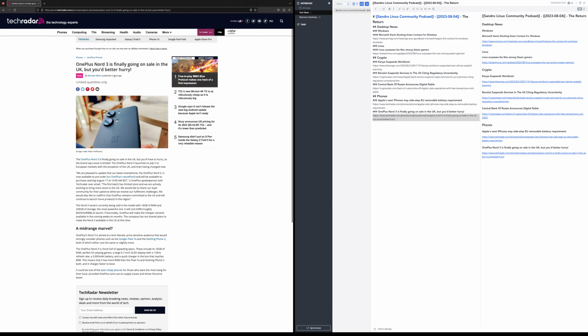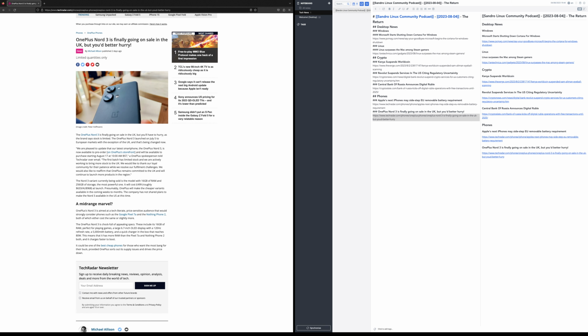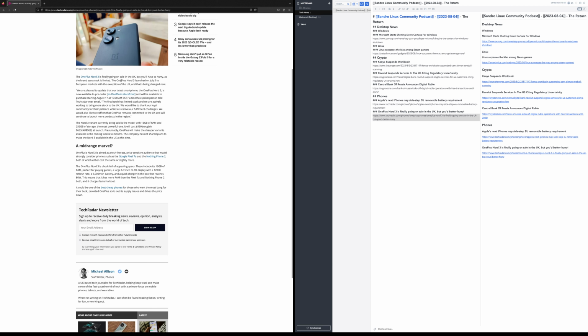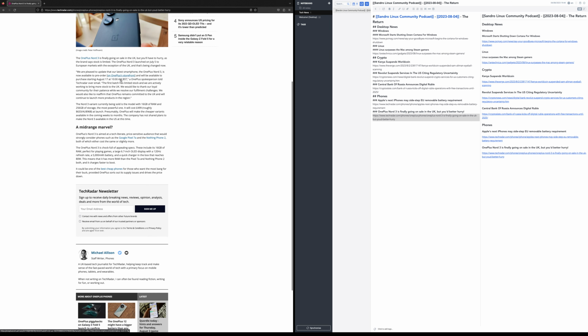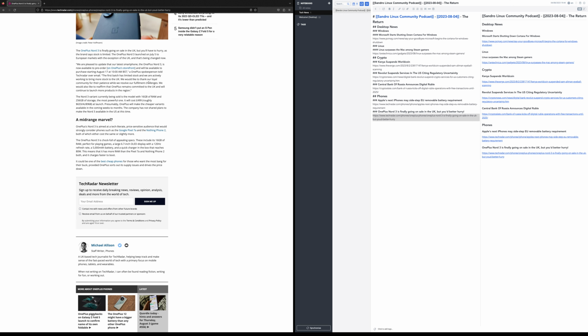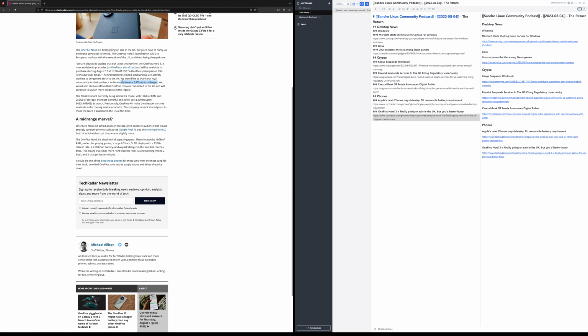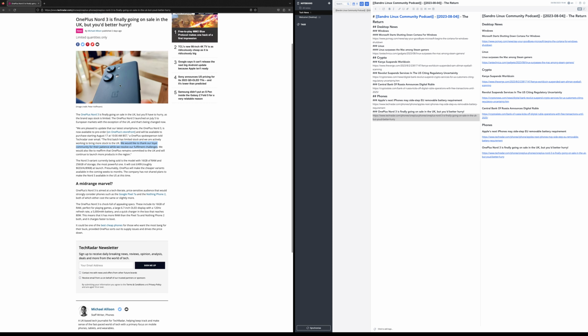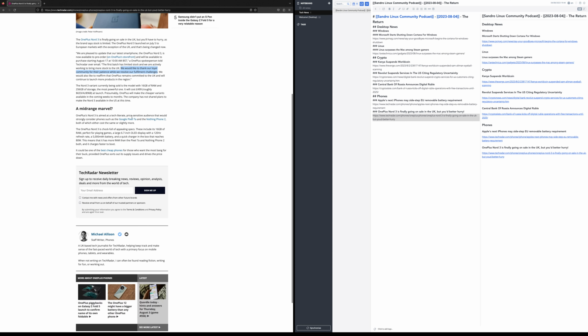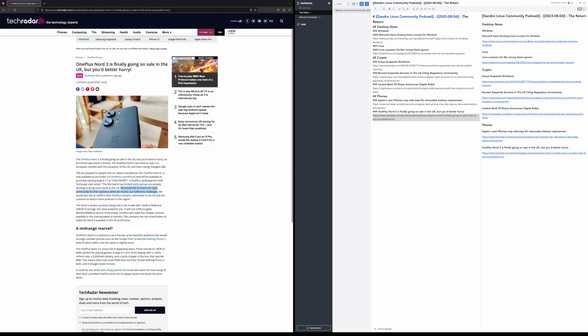They already launched this phone in the EU, but sadly, because the UK is not in the EU anymore, we've had to wait for this phone. But now OnePlus has said that the first batch is being released to the UK. However, there's quite limited stock, but they will try to get more OnePlus Nord 3s to the UK, and they say they would like to thank their loyal community for their patience while they solve the fulfillment challenges.